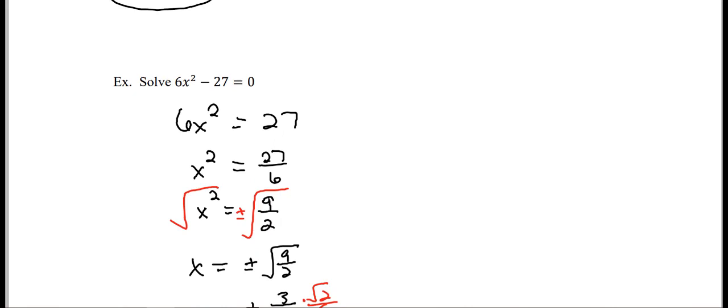Okay? I think it's important before we move on here to talk about a situation where you don't get 2 solutions, because every example we've seen has had 2 solutions. So I'm just going to make up a problem here, and let's solve x squared minus 6x plus 9 equals 0. Okay?